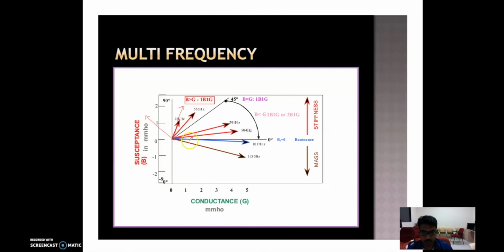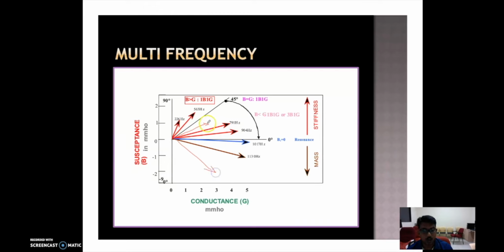Whereas in a mass dominated system, what actually happens is even at 226 hertz, the impedance vector is flowing somewhere here, and when you increase to 1000 hertz, it starts flowing here.